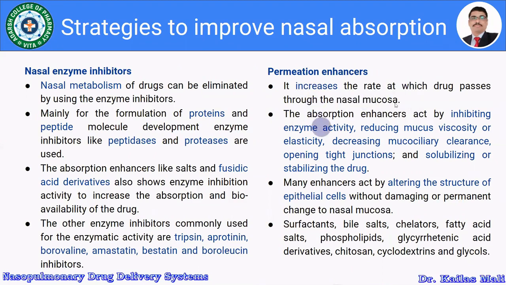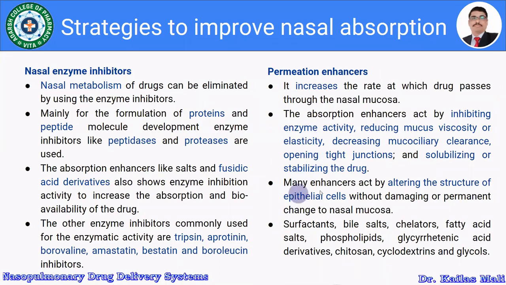They act by inhibiting enzyme activity, reducing mucus viscosity or elasticity, or decreasing the mucociliary clearance. They also open the tight junctions and solubilize or stabilize the drug. So these are the various mechanisms by which permeation enhancers act and thereby increase the nasal permeation of the drug.